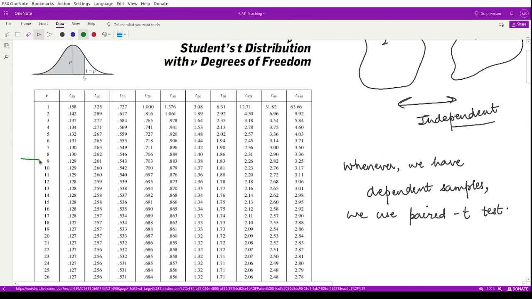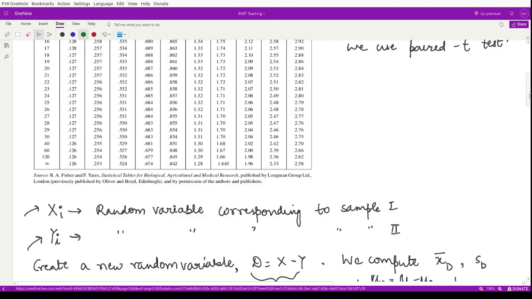For 9 degrees of freedom, this represents degrees of freedom, right? And we require at 5% level of significance, so it would be t.95. So your value would be 1.83. Yes, so your tabulated value would be 1.83.